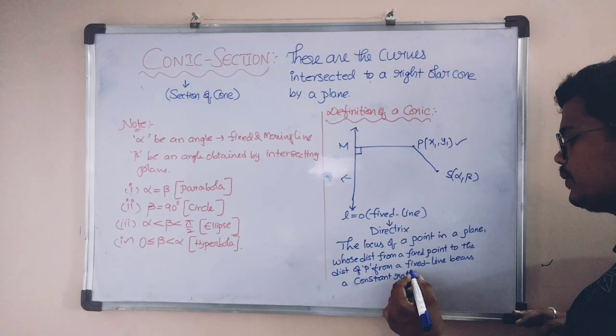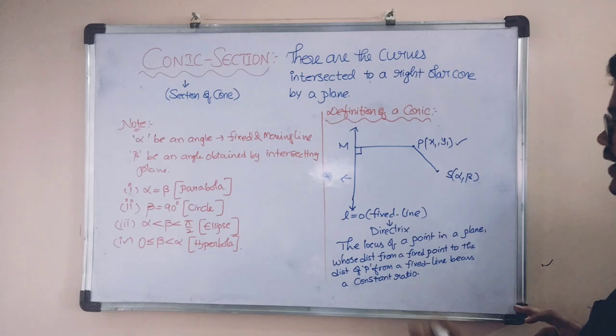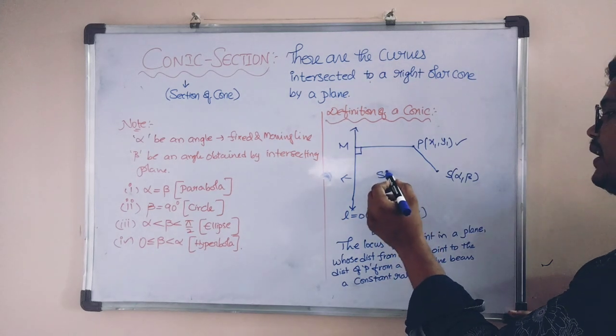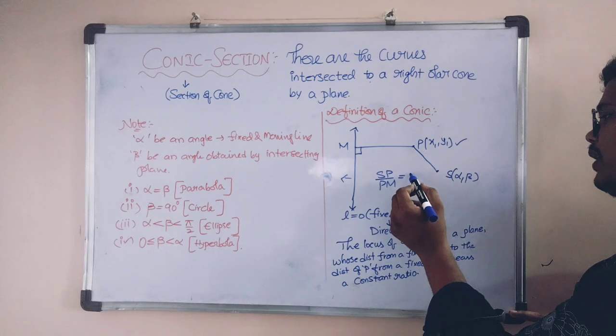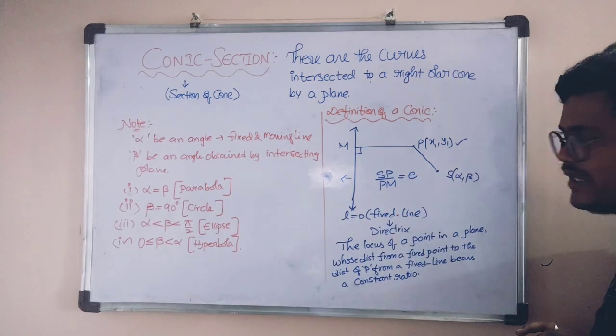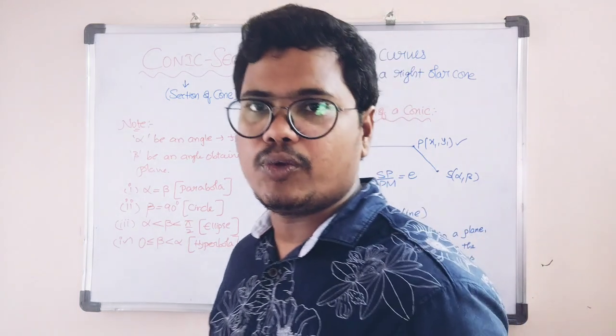I mean, SP over PM equals one constant ratio, which is none other than E. SP by PM equals E.